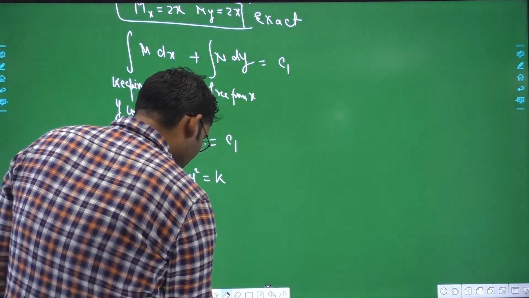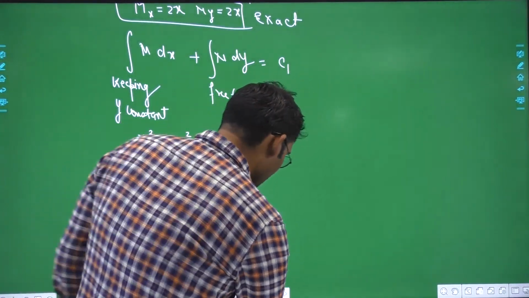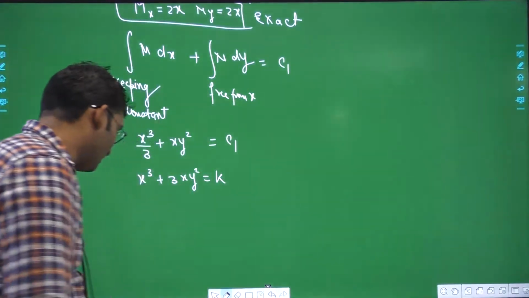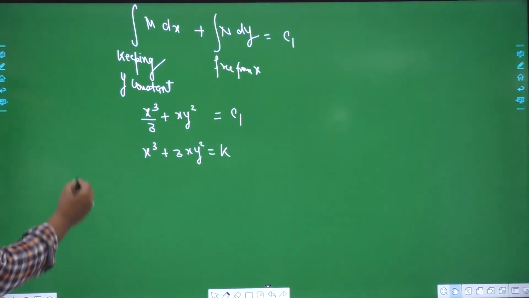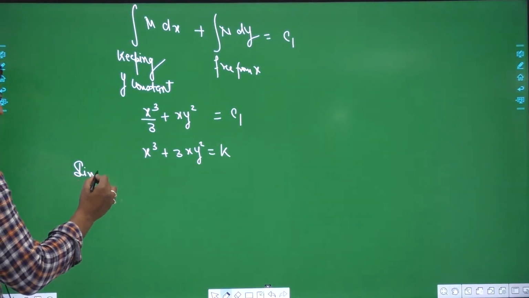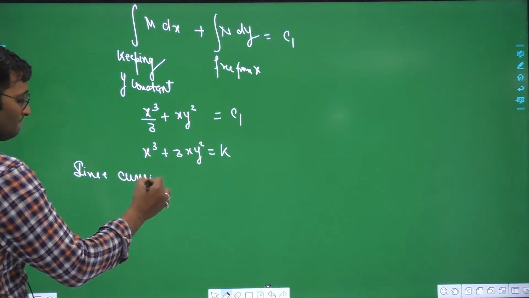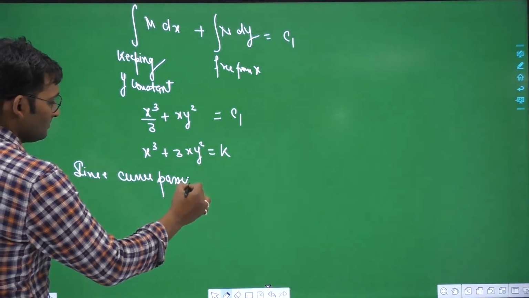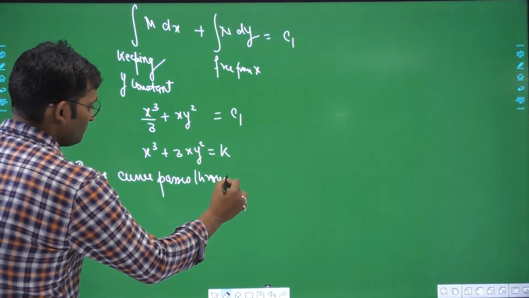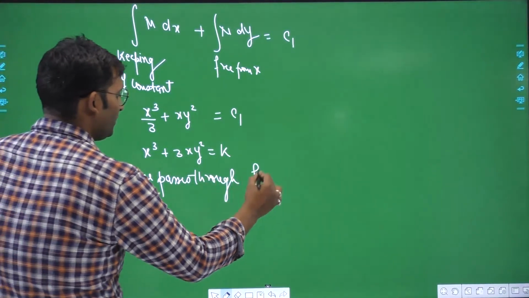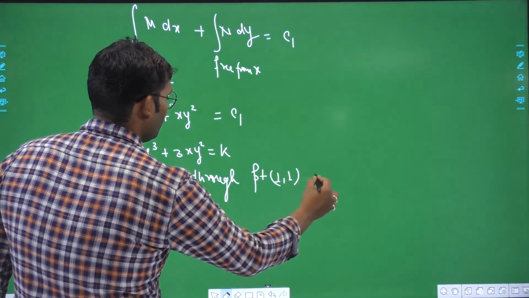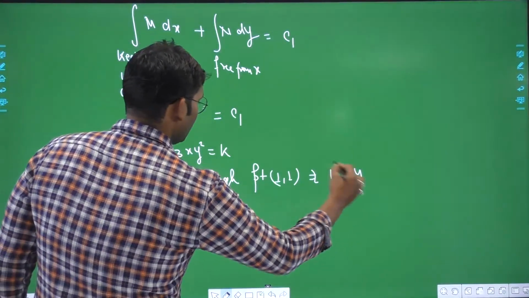Now what is given to you in the exam? You are given that the curve passes through point (1, 1). Through point (1, 1), it implies you will get k equal to 4.